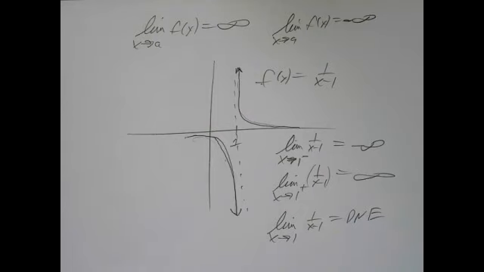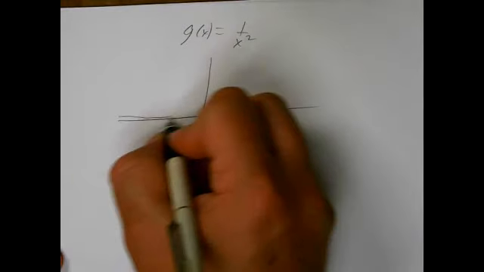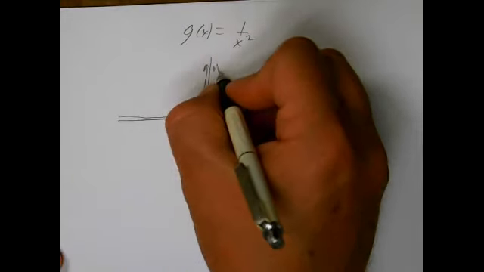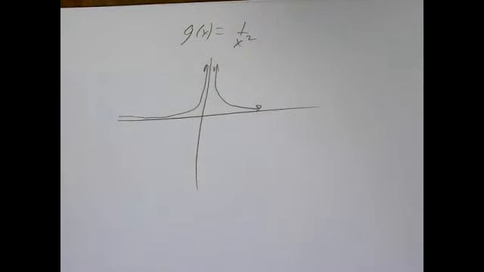Okay? So what would be an example of something that does have a limit of infinity? What would that look like? Very simple function: if you look at g of x equals 1 over x squared, that's going to have a vertical asymptote that is the vertical axis, and it's going to look like that.